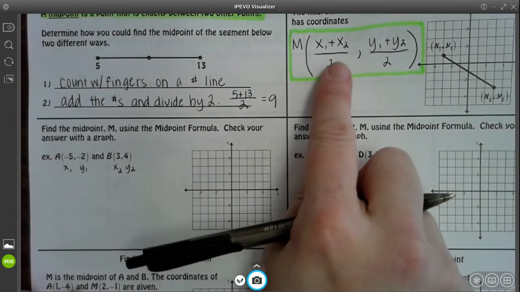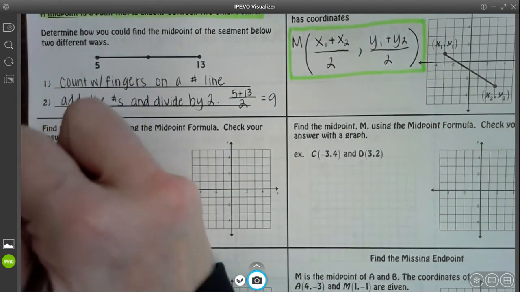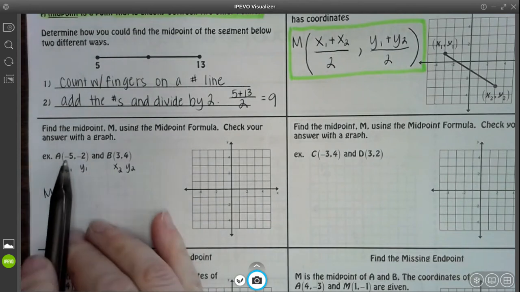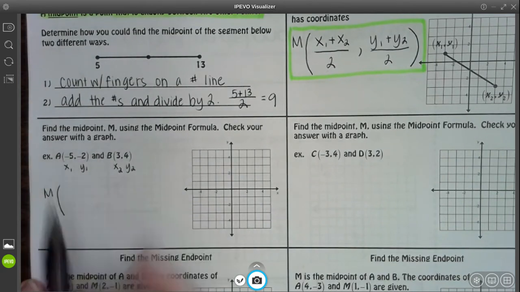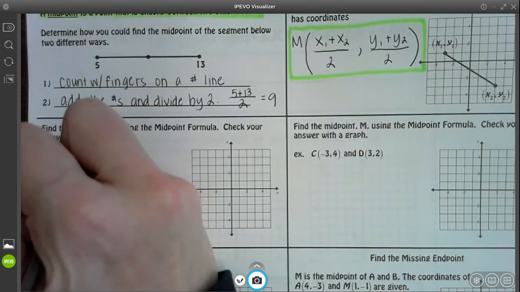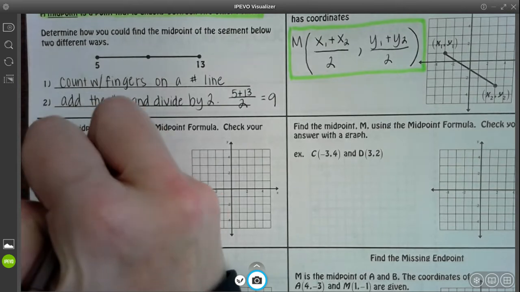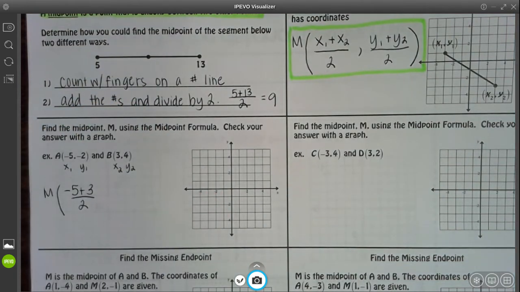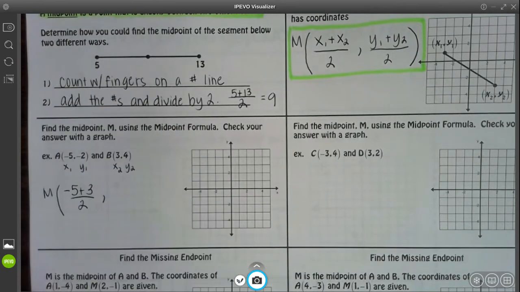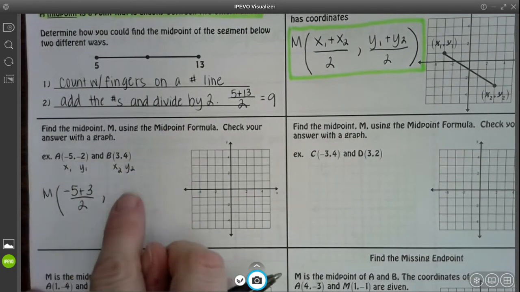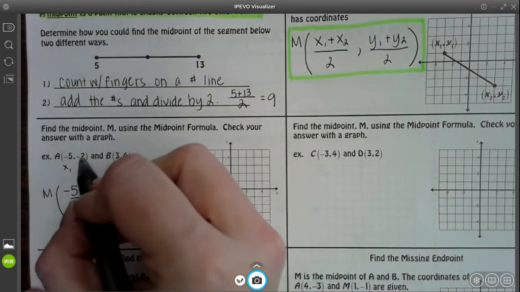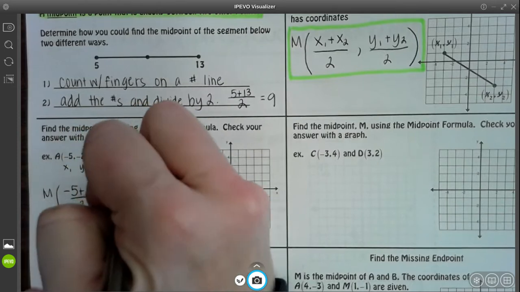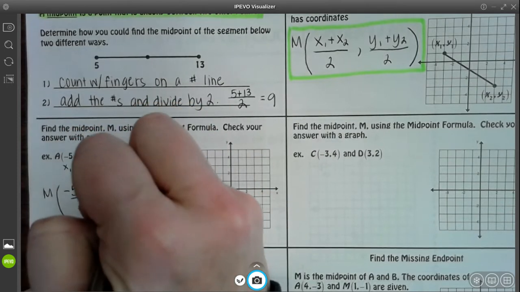We're going to use this formula to find the midpoint. I'm going to start by adding my x coordinates together. My x coordinates are -5 and 3, and I'm going to divide by 2, and that will give me the x coordinate of the midpoint. Then I'm going to do the same thing with the y coordinates to find the y coordinate of the midpoint. So -2 plus 4, all divided by 2.